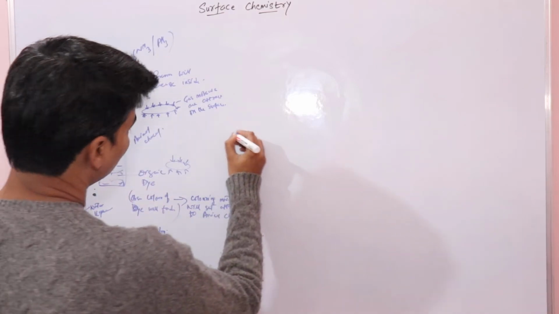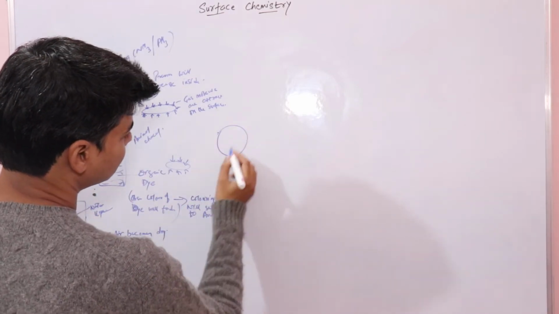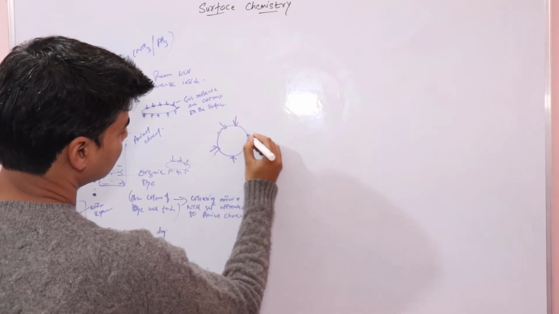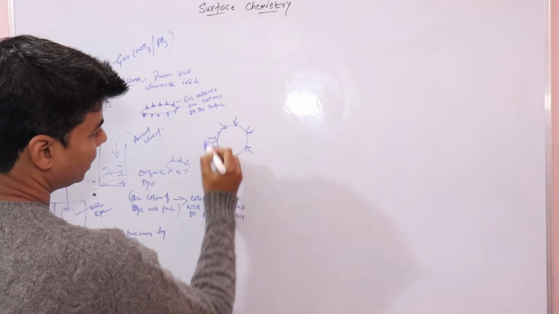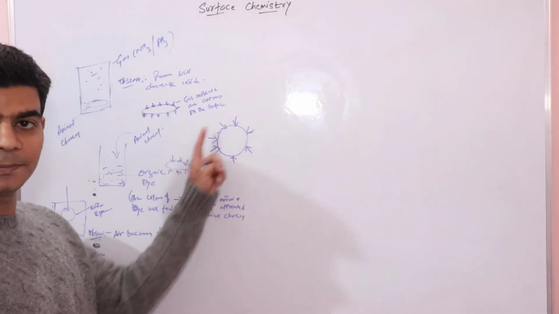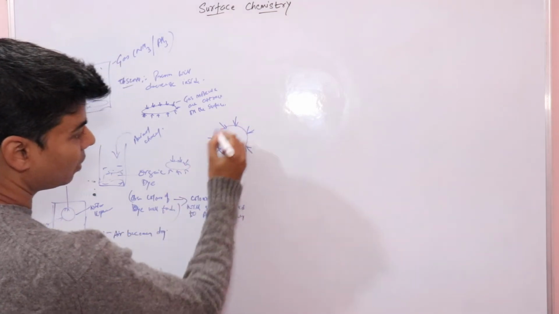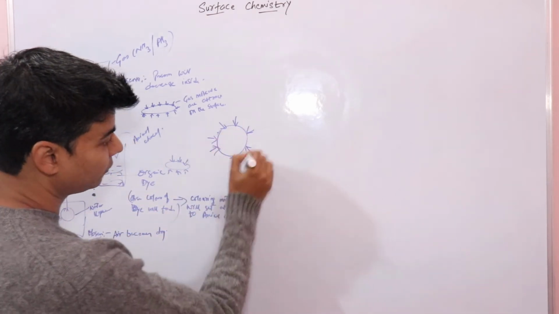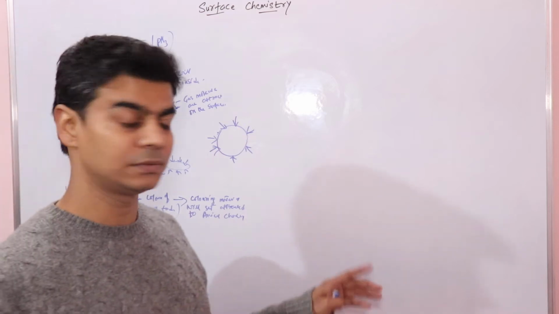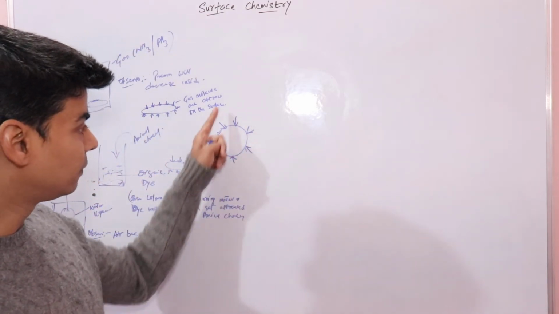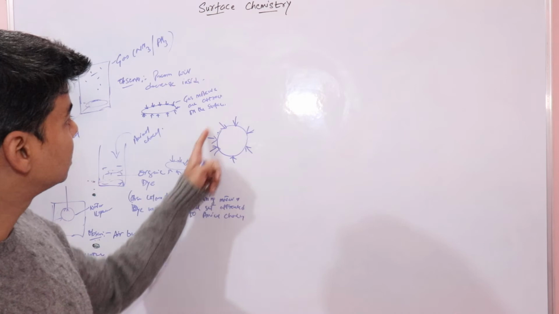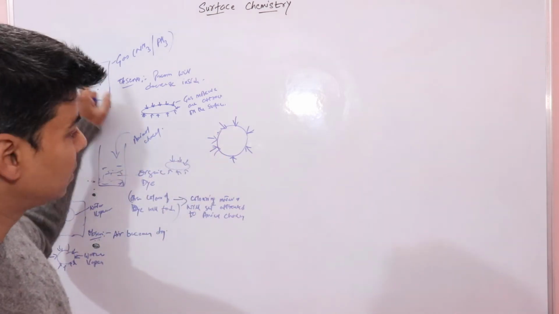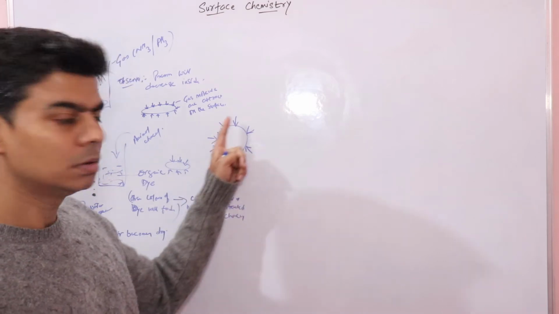So here in adsorption, if this is your substance, some other substance is attracted onto it, and it will remain on the surface and will be retained. That is, the particles of this water vapor, or in this case gas particles, will remain on the surface.